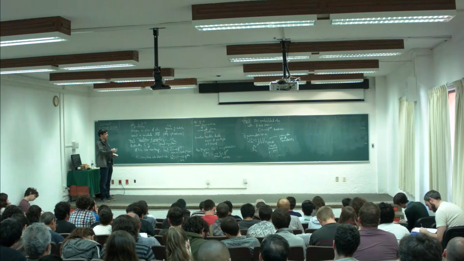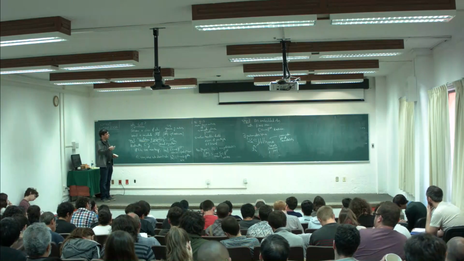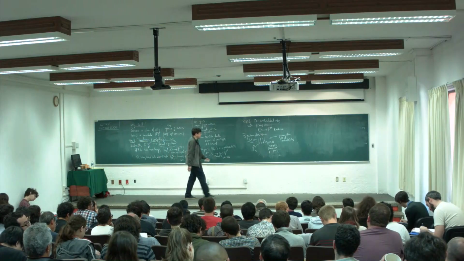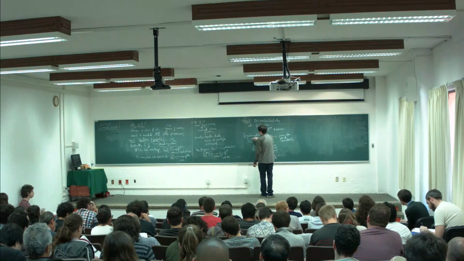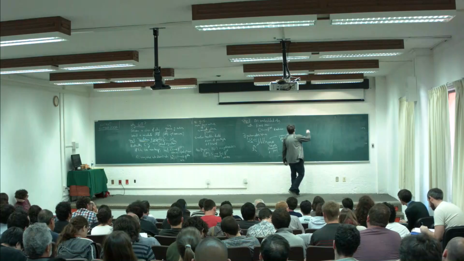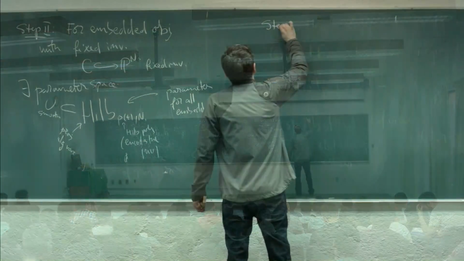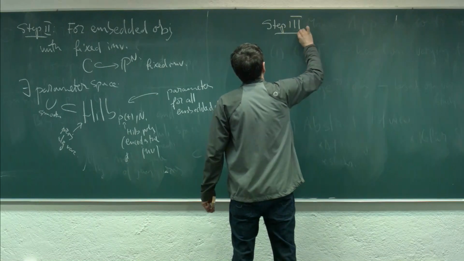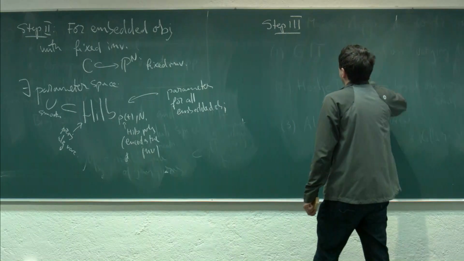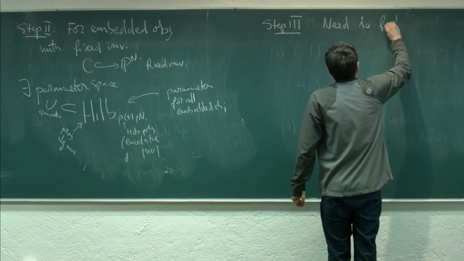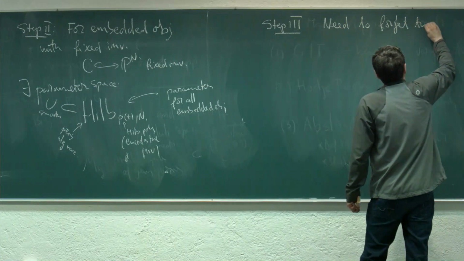So you start with something very abstract, and you construct a parameter space for those objects. I mean, actually, you construct something much bigger, but as an open subset in some component, there will be the smooth locus. And finally, step 3 is you need to forget the embedding.